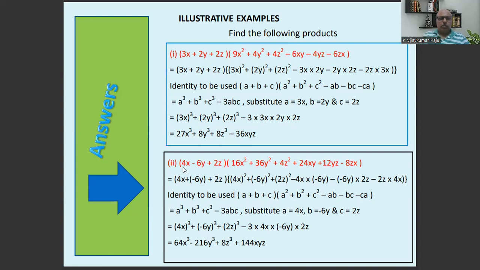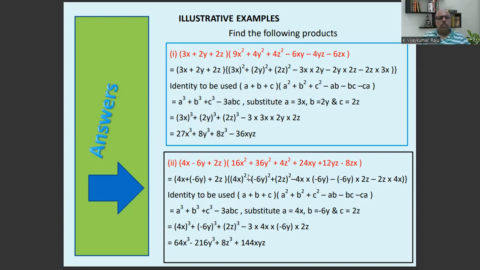Let's take one more example with one of the terms negative. I have taken 6 as negative here. So here you see, this is 4x plus minus 6y, b is the negative term, c is 2z.